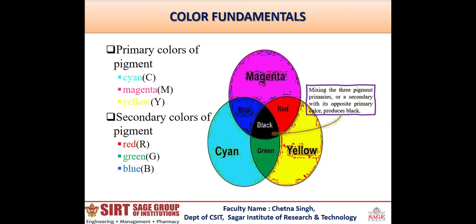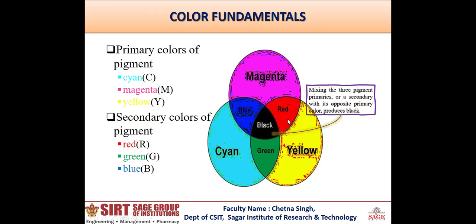The same goes for the CMY model. Cyan, magenta, and yellow are primary colors, and the combination of cyan and magenta produces blue. The combination of magenta and yellow produces red, and the combination of cyan and yellow produces green. And mixing all three pigment primaries, or a secondary with its opposite primary color, produces the black color.